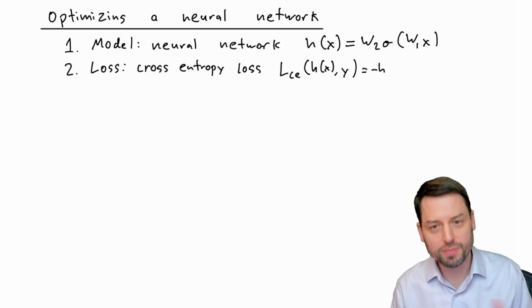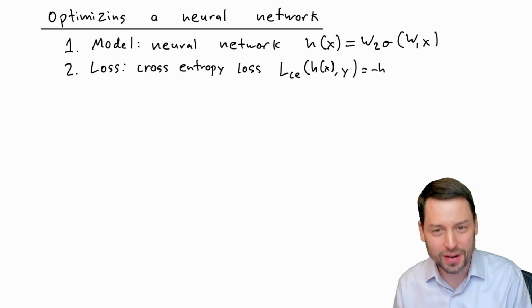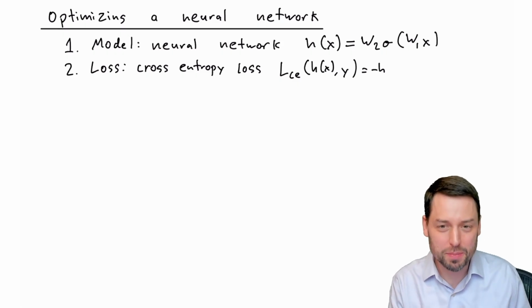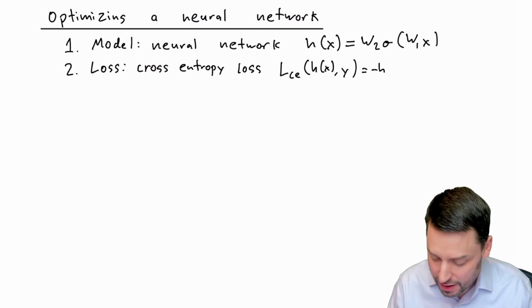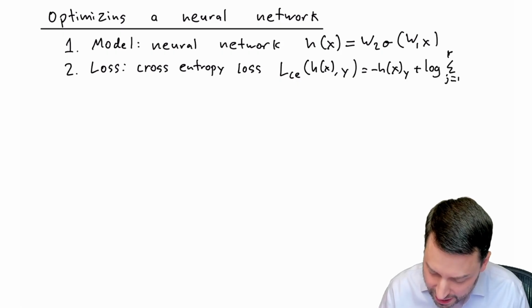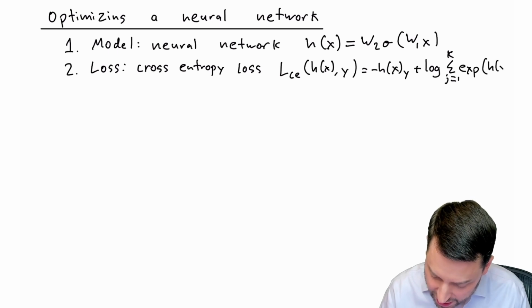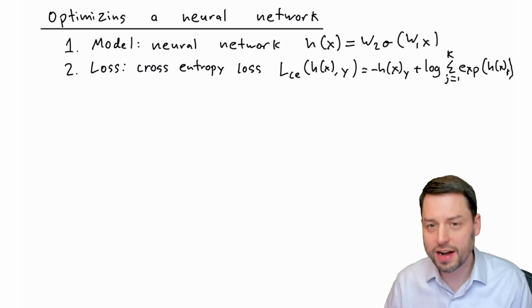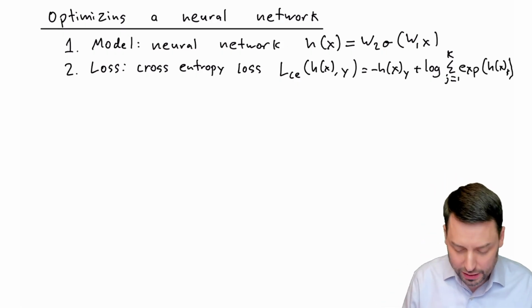Again, you can derive this by looking at the log of the probabilities, or interpreting the outputs as probabilities under the softmax distribution. But really, I'm just going to define it like this, plus the log of the sum from j equals 1 to k of the exponential of h_j(x). Barely fit it in there. Okay, so that is our first two elements, the model and the loss.